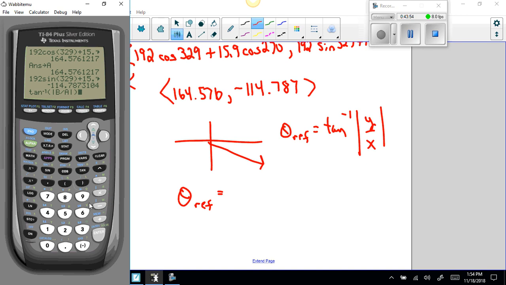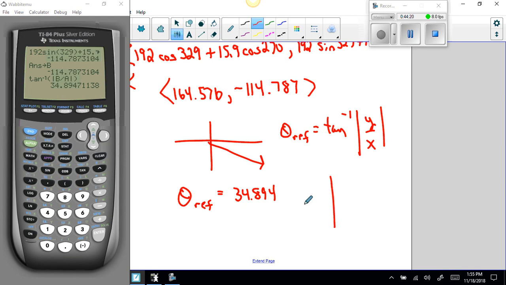Get it wrong. Go up. Evaluate that. Stow alpha B. Now go reevaluate. There we go. 34.894, which is my reference angle.